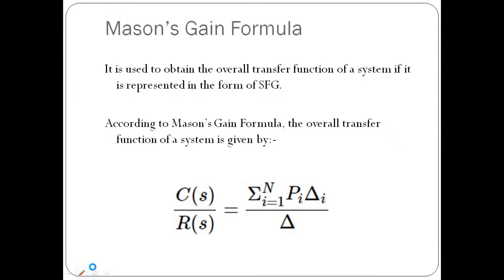So what is P, what is delta, what is n? These parameters we discussed in detail in the last lecture, where n indicates the number of forward paths, P indicates the gain of the forward path, and delta indicates the system determinant.